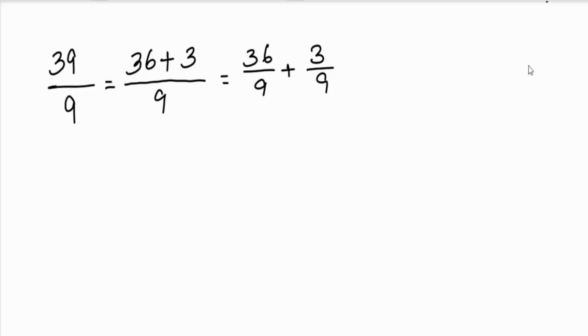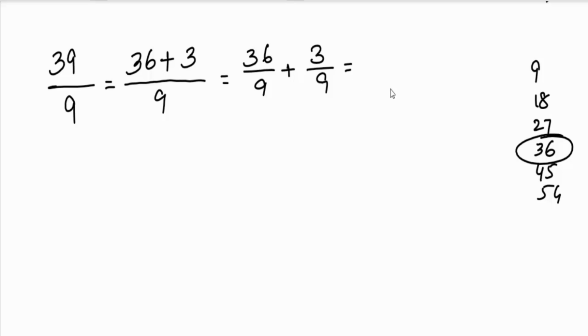The multiples of 9 are 9, 18, 27, 36, 45, 54. This is the 36 because we write 39 as 36 plus 3, since we have to make a perfect multiple of 9.